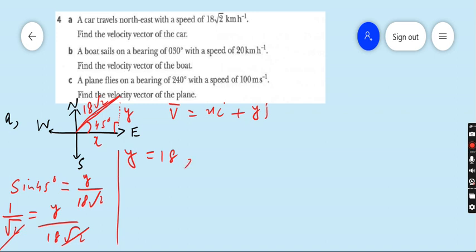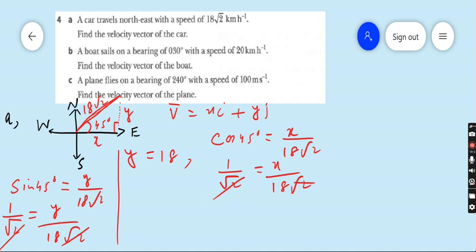Now find cos 45. Cos 45 equals adjacent upon hypotenuse, that is x upon 18 root 2. Cos 45 is also 1 upon root 2. You can confirm from your calculator. Root 2 cancels by root 2.